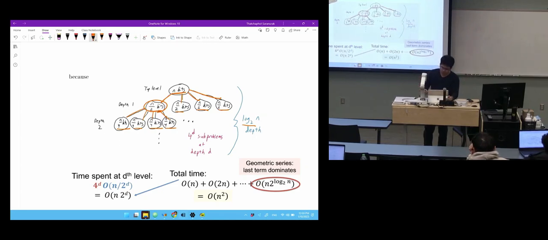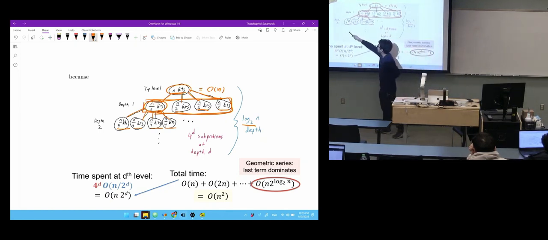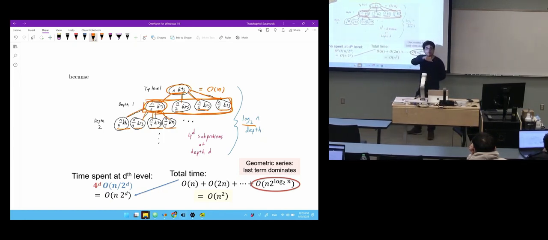Okay. And now let's try to count the total work that you need to do on each level, right? The total work on the first level is just O(n). But how about the total work on the second level? Let's say for any level d, how do you do that? Well, first you need to count how many subproblems there are at level d.